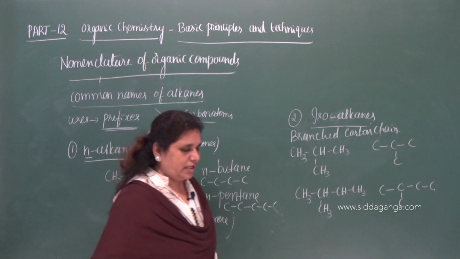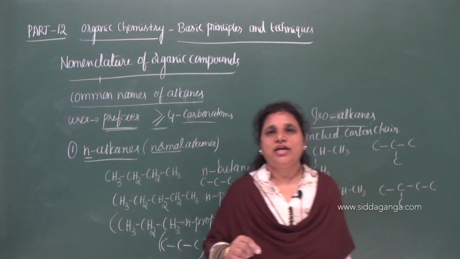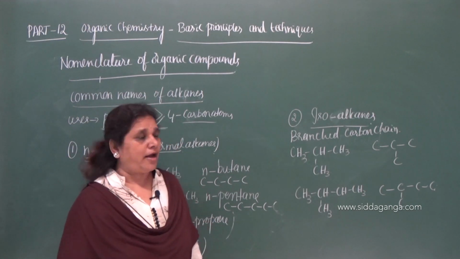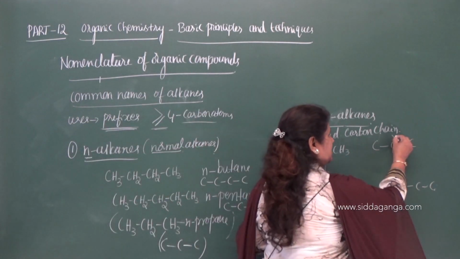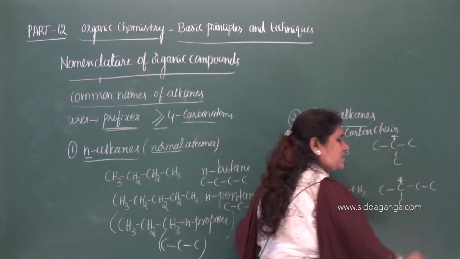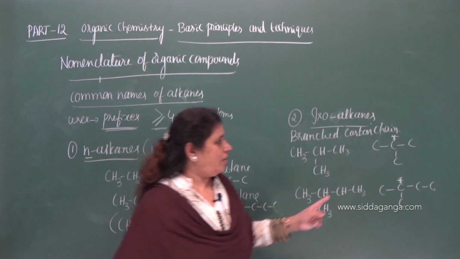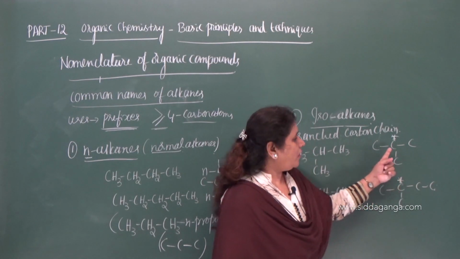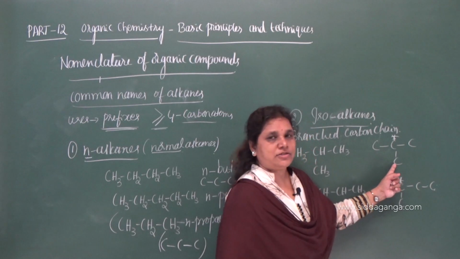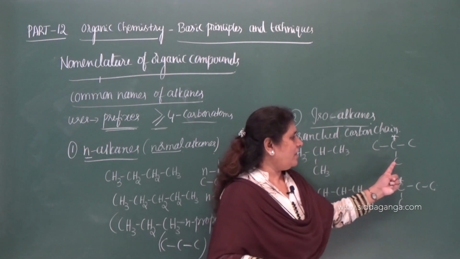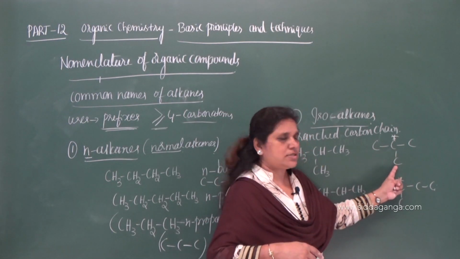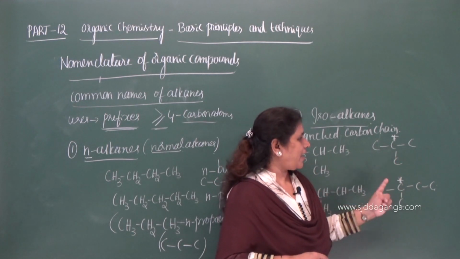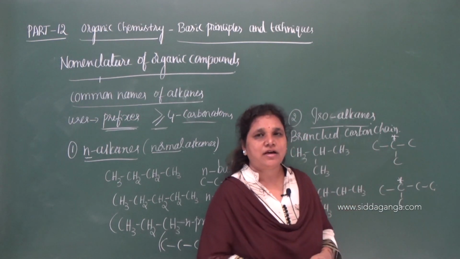Whenever alkanes contain a branched chain of carbon atoms, what is the nature of this carbon? Look at this carbon. This carbon is branched, correct? What do you mean by branching? Having a branch below this, so this carbon is branched. When this carbon is branched, what is the type of this carbon?